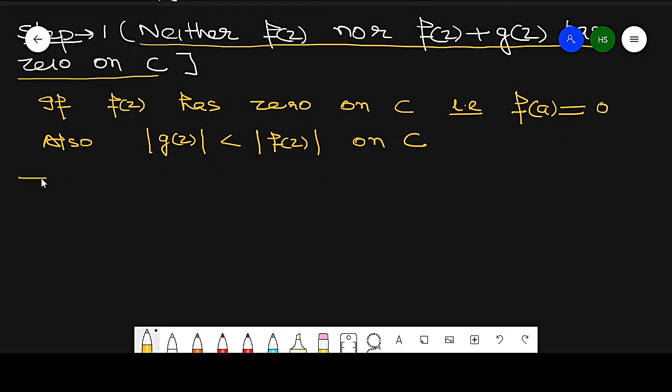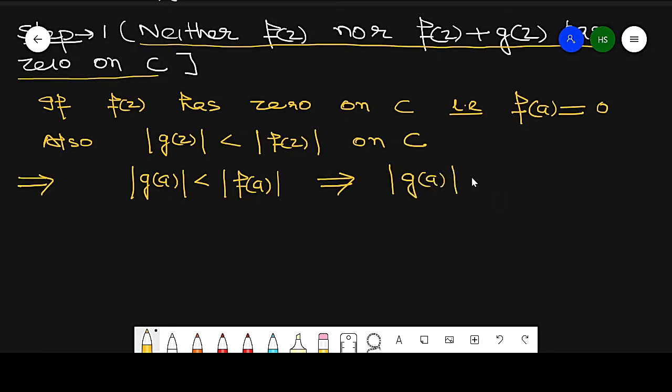By using this, we get modulus of g(a) less than modulus of f(a), which is 0. So it implies modulus of g(a) is equal to 0, so g(a) is equal to 0. So both have the same value, which is a contradiction.